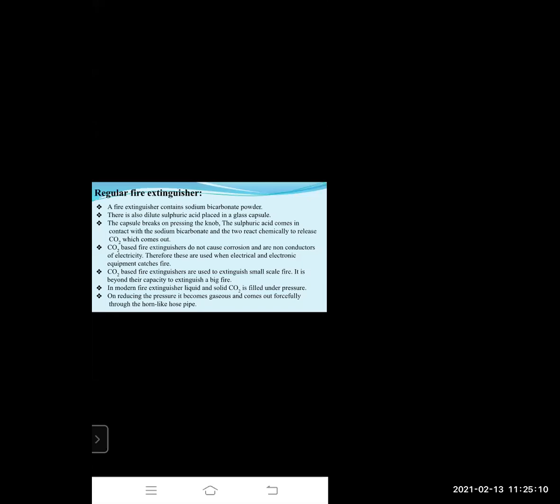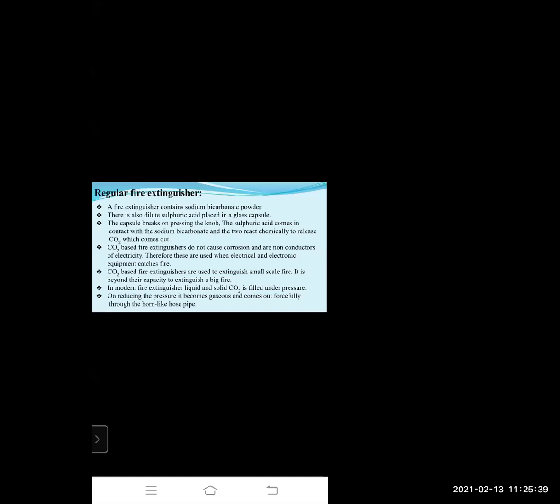Therefore, these are used when electrical and electronic equipment catches fire. So mostly these CO2-based fire extinguishers are used for electrical or electronic equipment which catches fire in the industry.